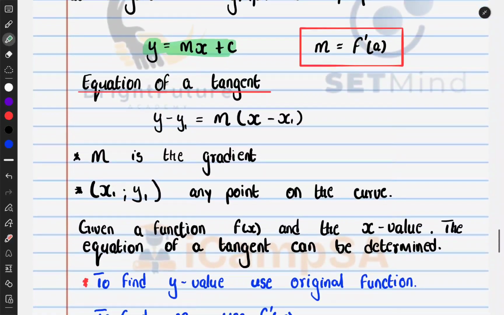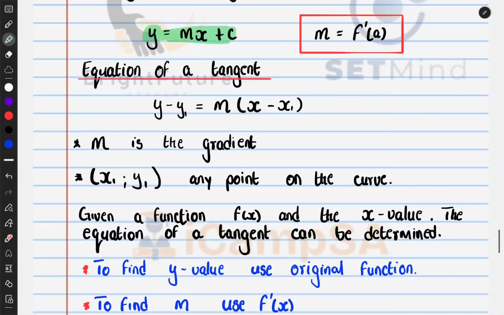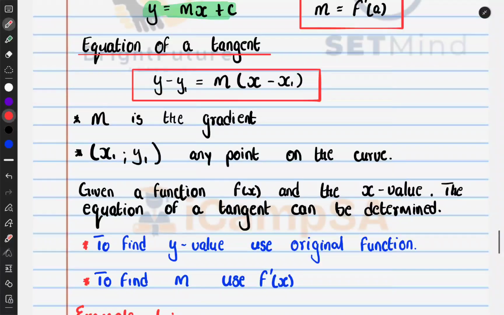In order to determine the equation of that tangent, once we have the gradient of the tangent, we can use this equation, where m will be the gradient that we calculate using the derivative, and x1 and y1 are any point on the curve.